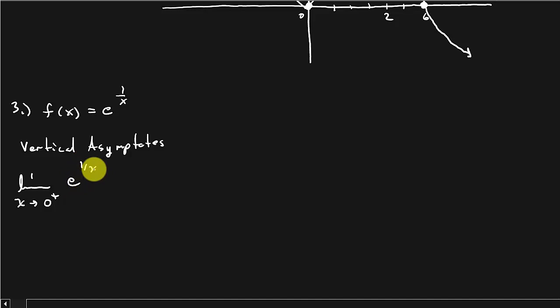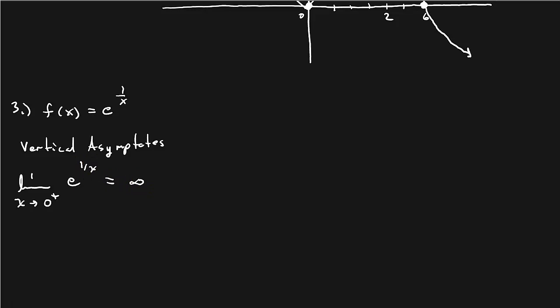As x goes to 0 from the right-hand side, we're putting in numbers close to 0, so that makes this exponent blow up. It goes to infinity.